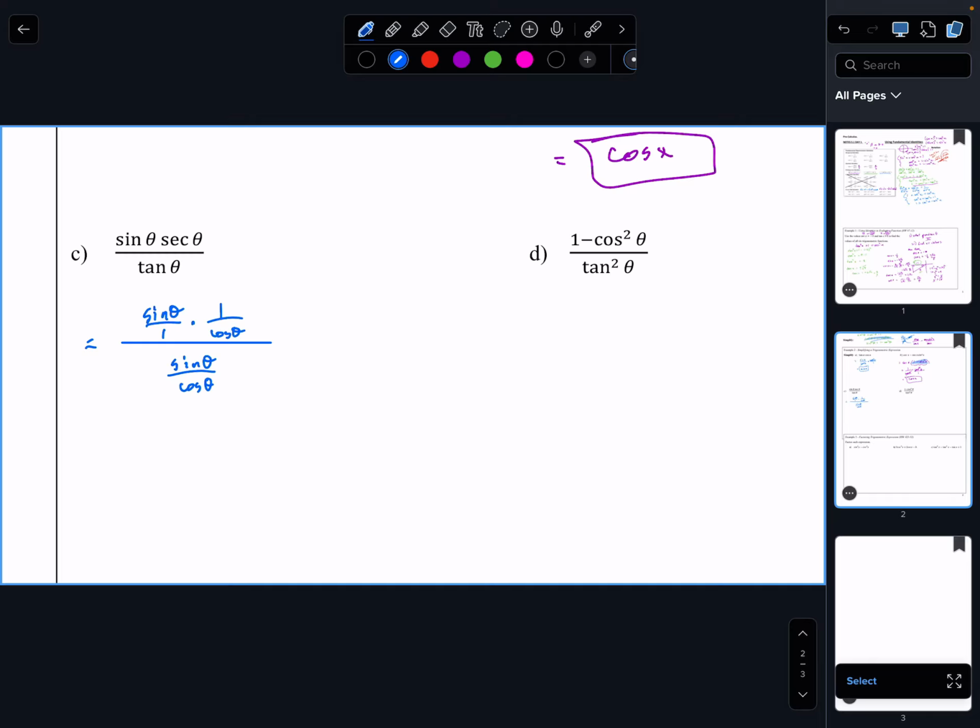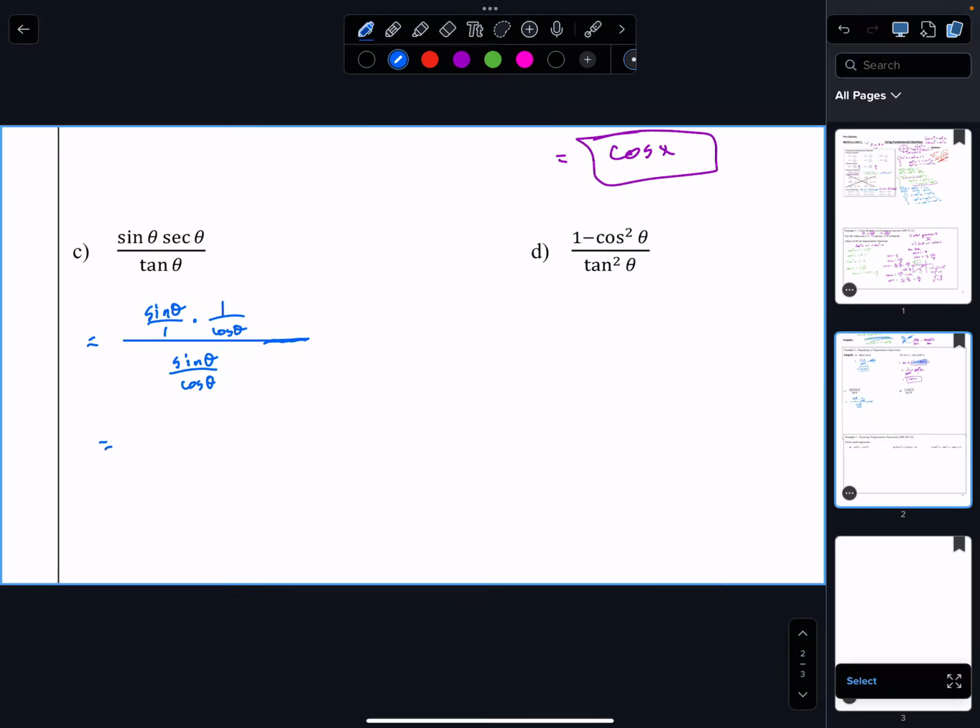I've seen students make errors because they don't make the major fraction bar long enough, and they get mixed up in terms of what's in the numerator versus the denominator. So organization, clear organization is important. All right, so the numerator is sine theta over cosine theta, and the denominator is sine theta over cosine theta.